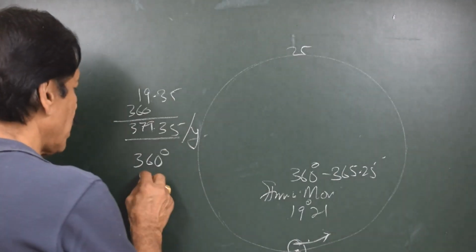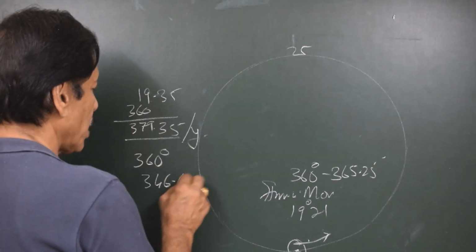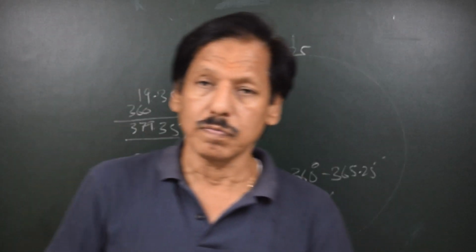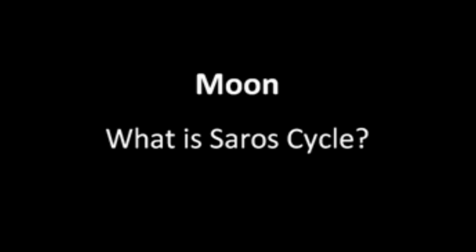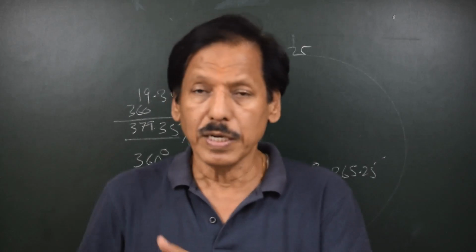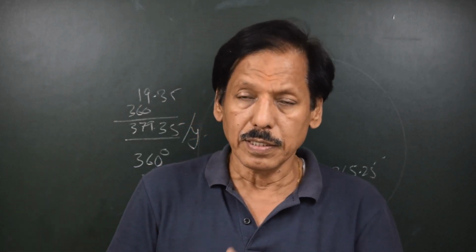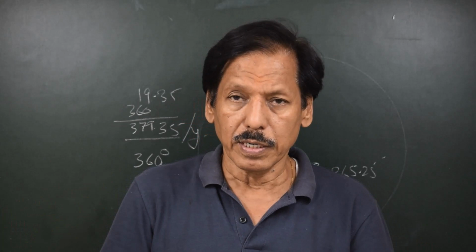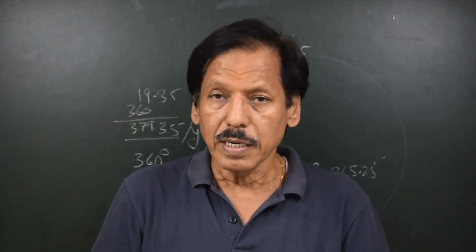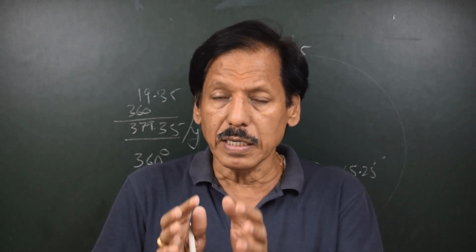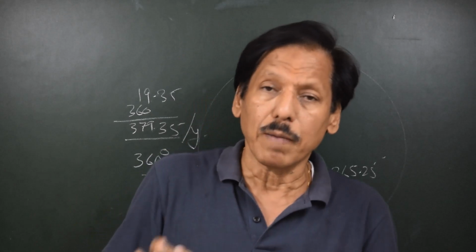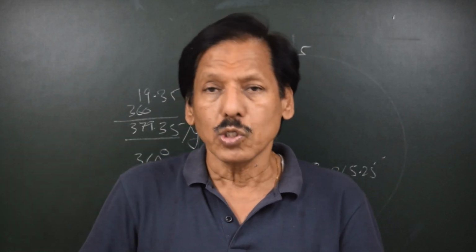To be precise, 346.62 days. So this is the synodic cycle of the ascending node or descending node. See, 19 synodic revolutions and 223 lunar months are of the same period. At the same time these two things are completed. That is 19 synodic cycles and 223 lunar months. So this is about 18 years and 11.33 days. So they say that after this interval, similar tides should repeat.